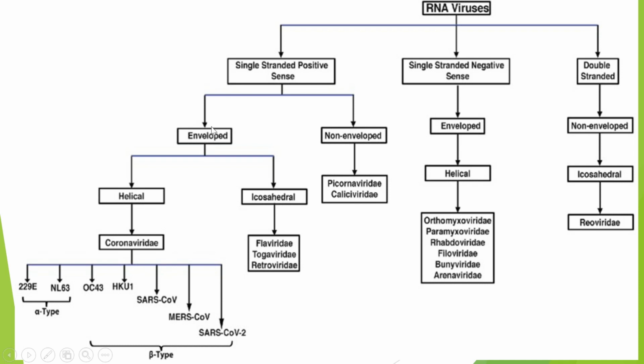Picornaviridae and Caliciviridae come under the non-enveloped single-stranded positive sense. Single-stranded negative sense viruses are only enveloped and helical, such as Orthomyxoviridae, Paramyxoviridae, Rhabdoviridae, Filoviridae, Arenaviridae, etc. Double-stranded viruses are non-enveloped and icosahedral, such as Reoviridae.